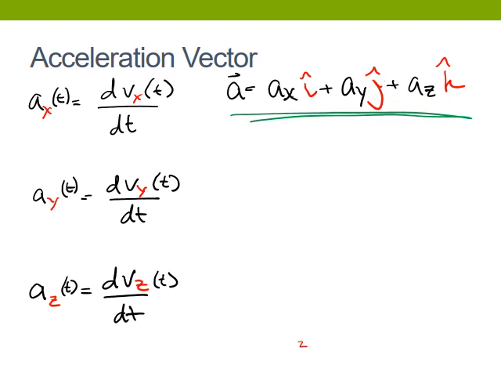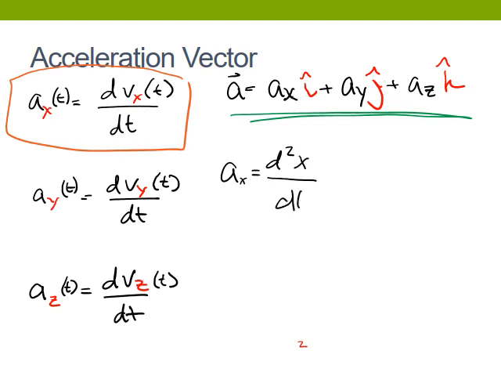Now, if you really want to impress people, you can write this a slightly different way, right? We know that our velocities are derivatives of position, and our acceleration is derivative of velocity. So when you get further in calculus, you'll learn about the second derivative, and we can write each of these components then as the second derivative of our position with respect to time.